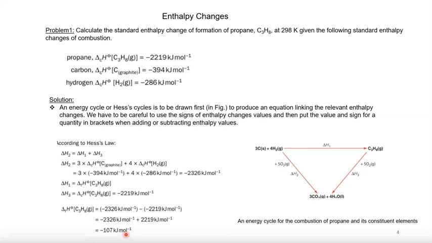So again, I say that whenever we get a problem, we have to form an energy cycle like this, find the given values for the various reactants, and then we can calculate quantitatively the standard enthalpy change of the reaction.